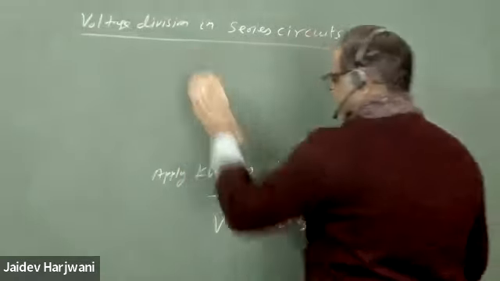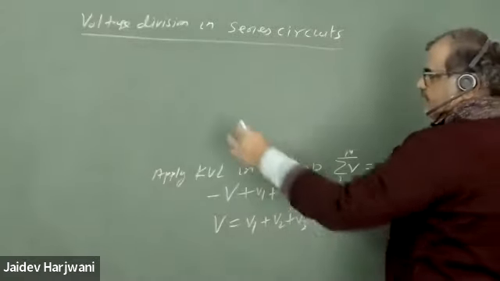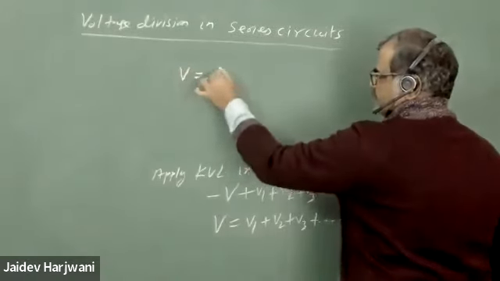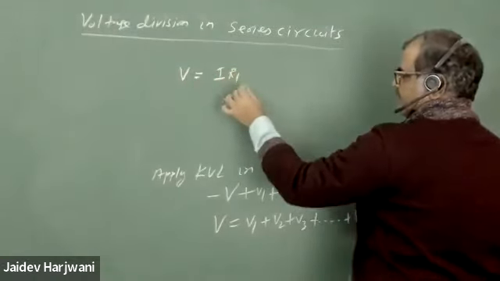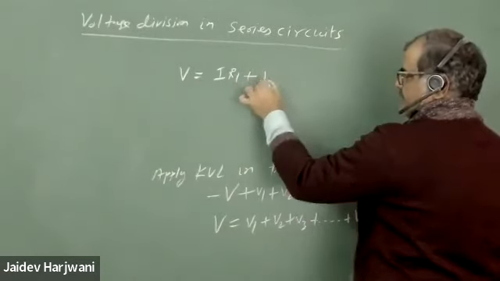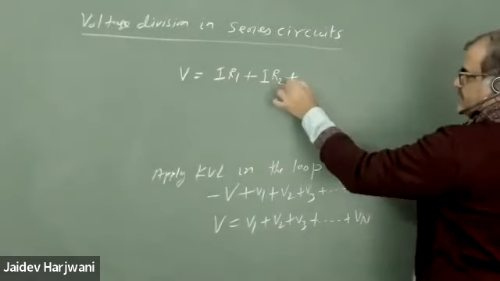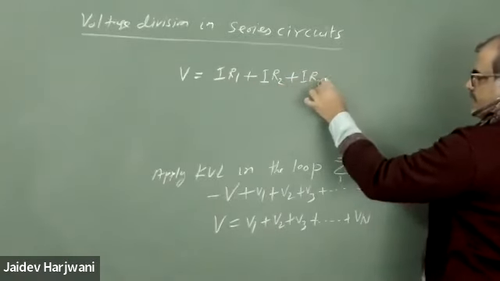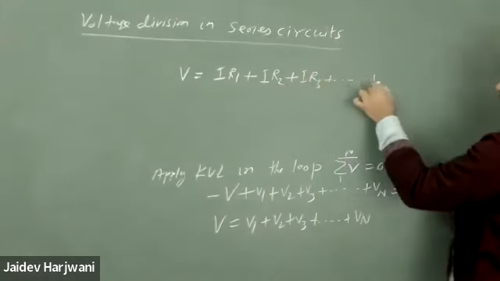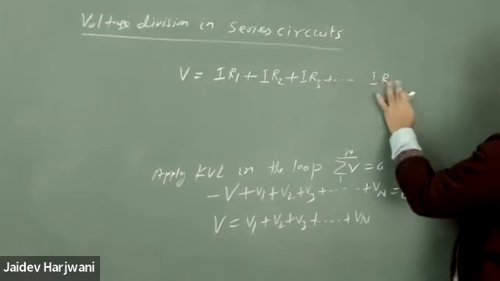So if I put the values here, I can write V equals to IR1 plus IR2 plus IR3 and IRn.